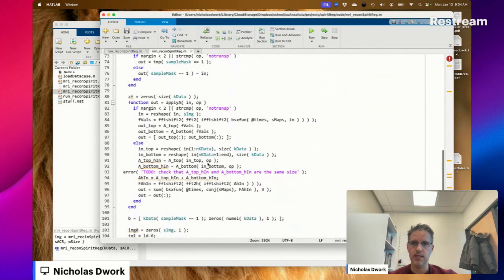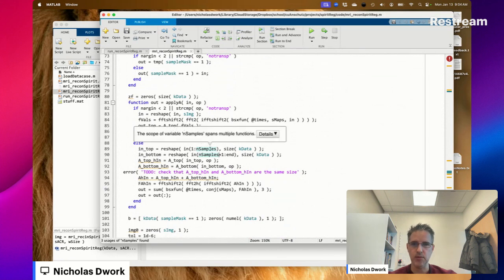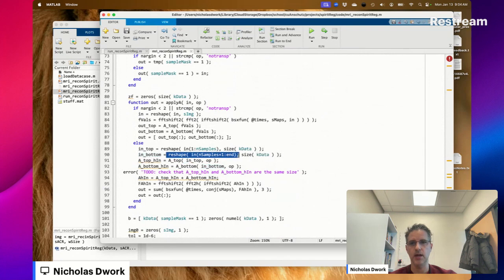Coming back here, instead of NK data, we go from 1 to N samples, and then in bottom is going to be all the values in the vector beyond the number of samples.